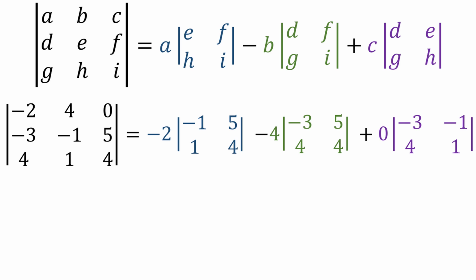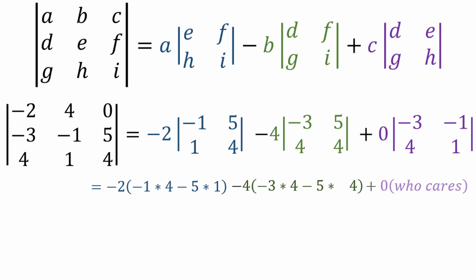For the first one, we have negative 2 times negative 1 times 4 minus 5 times 1. For the second one, we have negative 4 times negative 3 times 4 minus 5 times 4. For the third one, we have 0 times, who cares? It will be multiplied by 0, so there's no point in doing the third determinant.